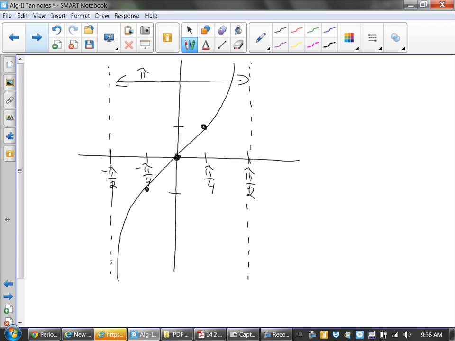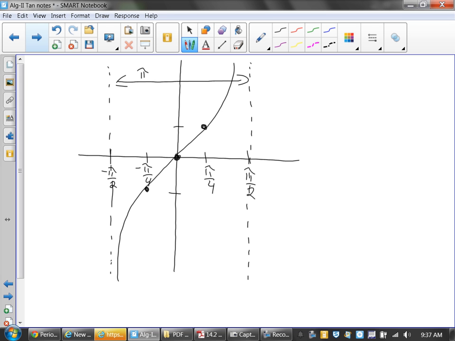These asymptotes and this curve continue, doing the same thing every single pi period. If the a value of tangent is positive, it's always increasing, goes through the origin. At multiples of pi over 4, it's either going to be 1 or negative 1. Works every time. Tangent really is very simple to graph. Again, the weird part's going to be working with the period and those shifting points as we get to it.